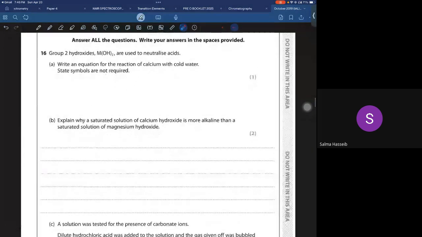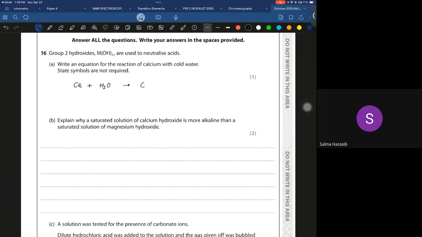Group 2 hydroxides are used to neutralize acids. Write an equation for the reaction of calcium with cold water. So of course, when you react it with cold water, the hydroxide is formed rather than the oxide. State symbols are not required. So calcium is going to react with water.